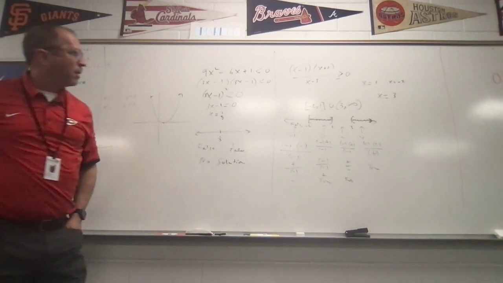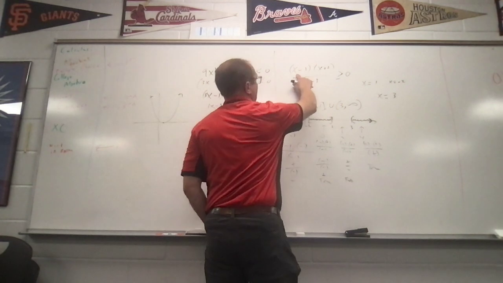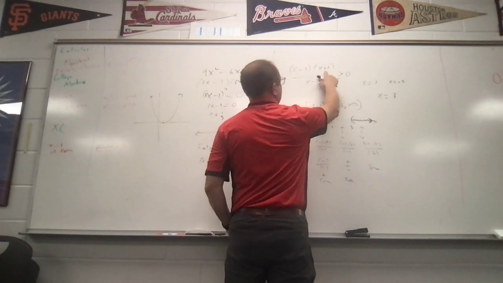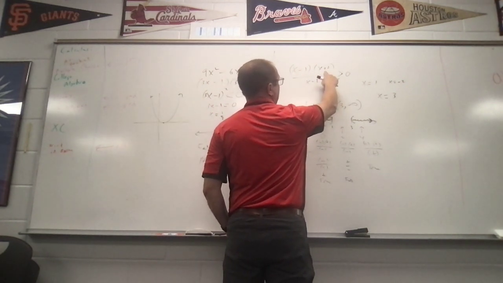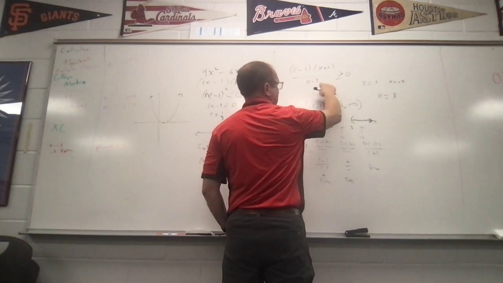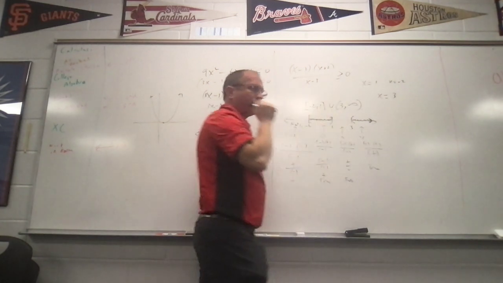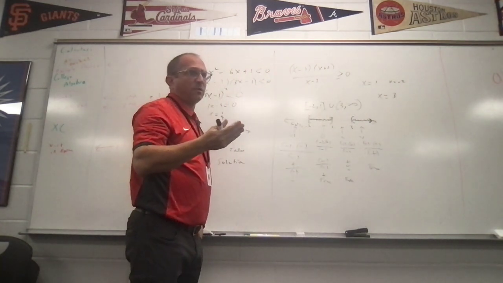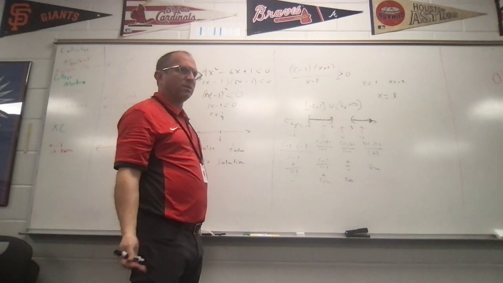Okay, because if I plug in 3, I would get positive times positive, which is positive, right? Mm-hmm. But a positive divided by 0 is undefined. Is undefined equal to 0? No. And it's not greater than 0 either, right? So it can't be part of the solution.